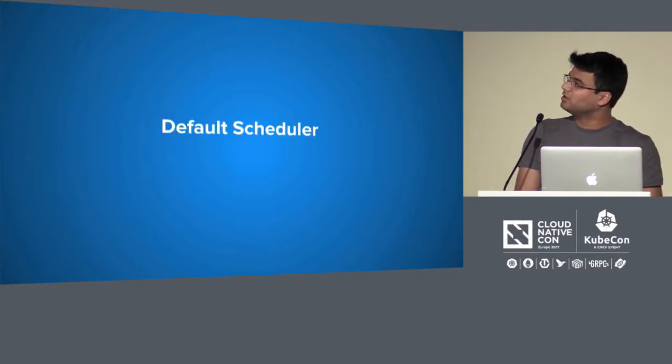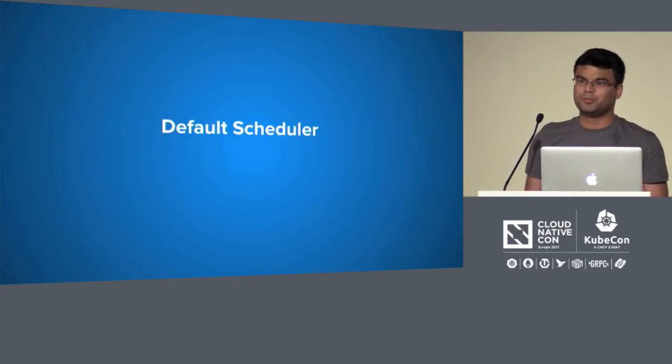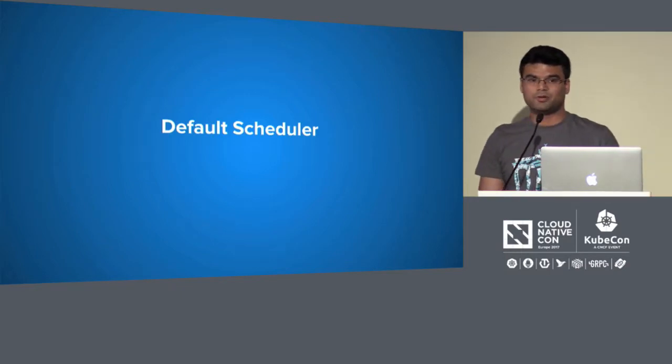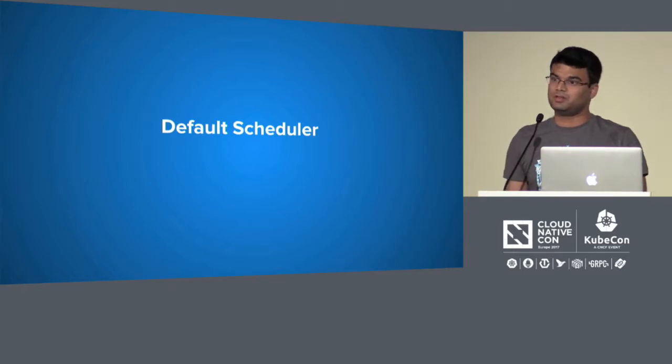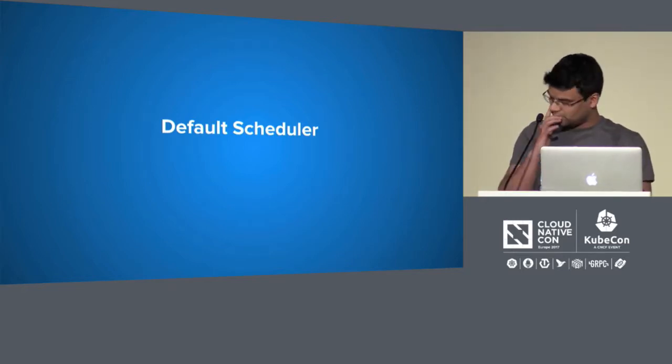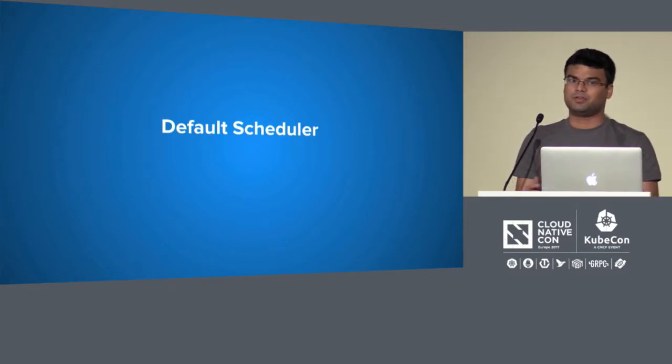So let's start off. I guess most of you would already be familiar with the scheduler component in Kubernetes. The scheduler is a component which makes decisions on where pods in your Kubernetes cluster should be placed. By default, Kubernetes provides a default scheduler, and to actually see how it works, let's take a scenario example.